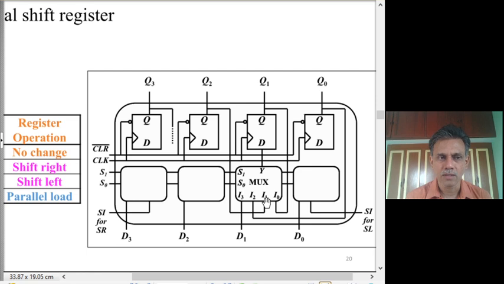In this shift right control mode, Q2 will come, go through I1 and through Y, and go to the D input and get stored. So Q2 will get stored in Q1 and Q1 will get stored in the next flip-flop and so on.